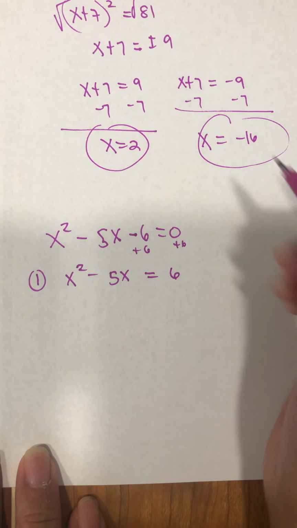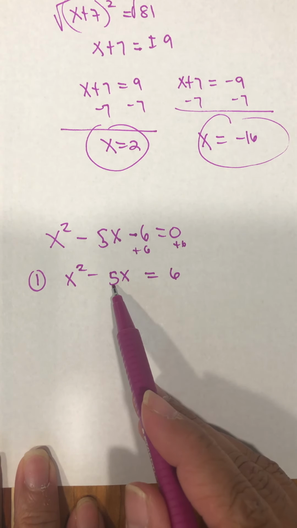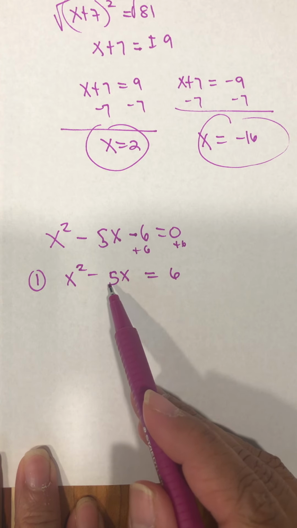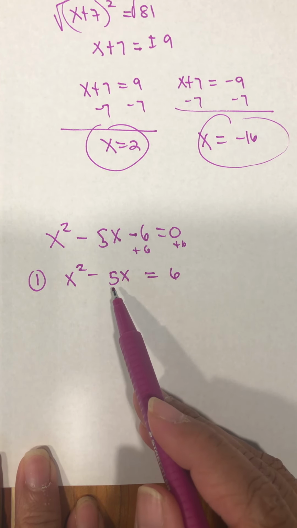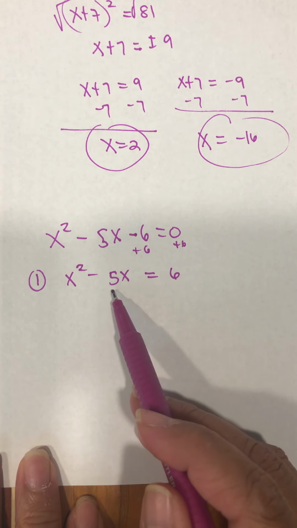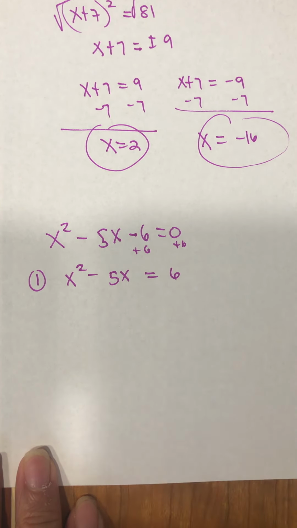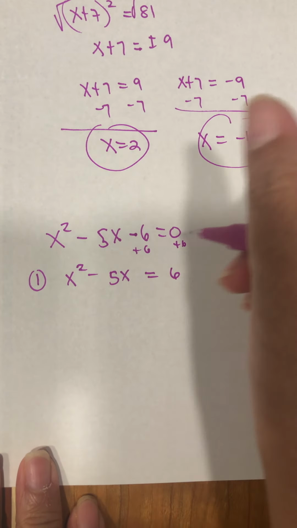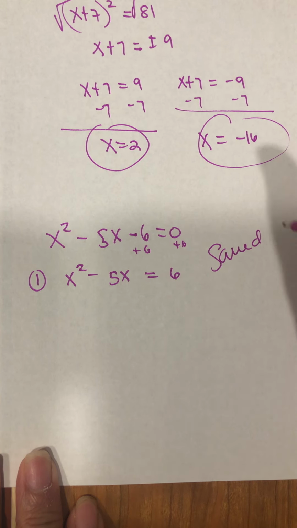Now in this case, when you do half of 5 it is 2.5. If you don't get a whole number as half of the coefficient of the middle term, that means this strategy will no longer work. So I'm going to save this for the next strategy.